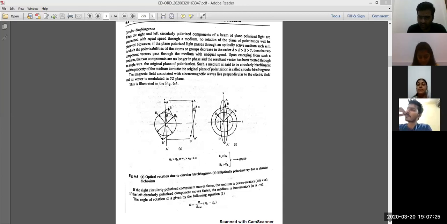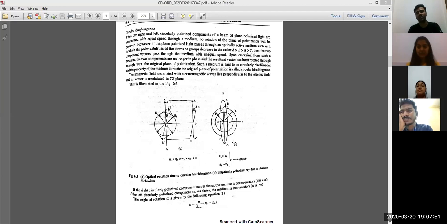And then when you start moving them in that 360-degree fashion along the circle, you would see that the resultant now traces out a shape called an ellipse. So what comes out is an elliptically polarized light. You incident a plane polarized light into a chiral environment, and what comes out is an elliptically polarized light.